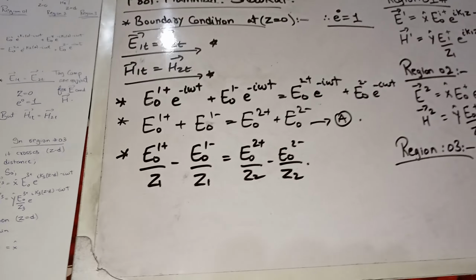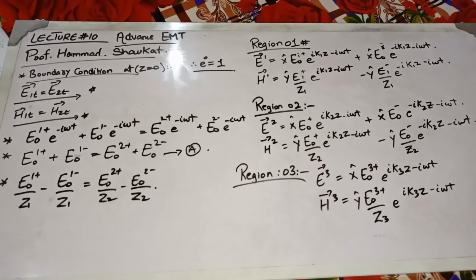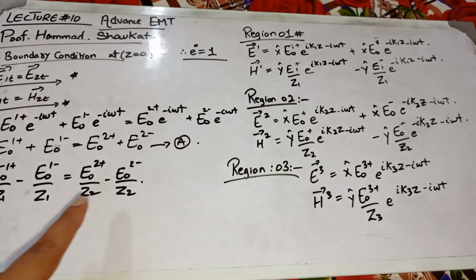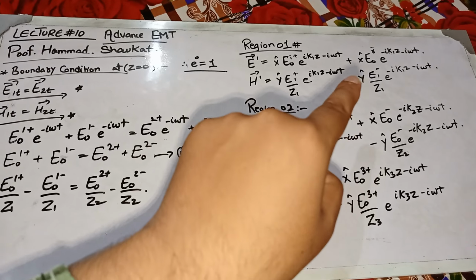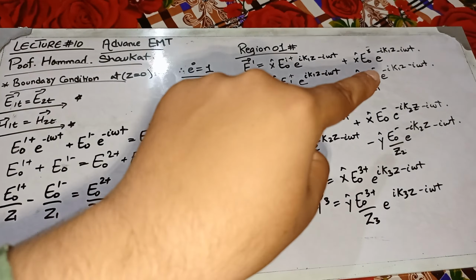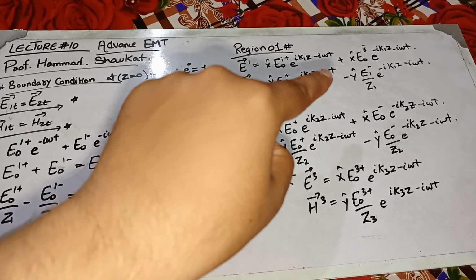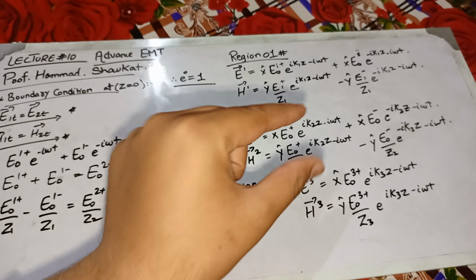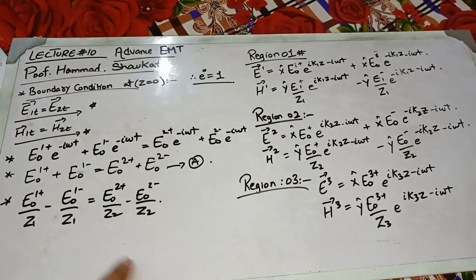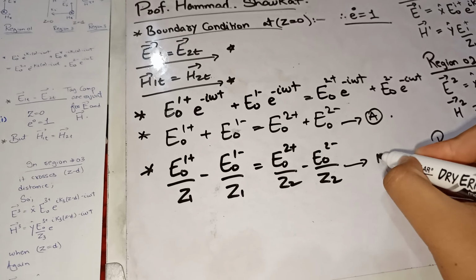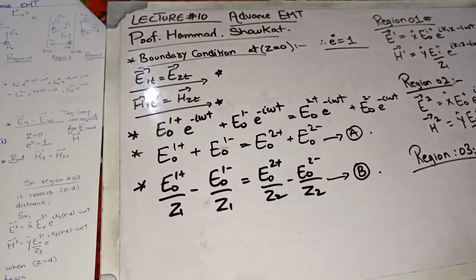So this is what you will be left with, as you can see, as E1 plus divided by Z1 minus E1 minus divided by Z1, because taking common e power minus iota omega t cancels with taking common from region 2 also. So you will only be left with this equation, so you can call this equation B.